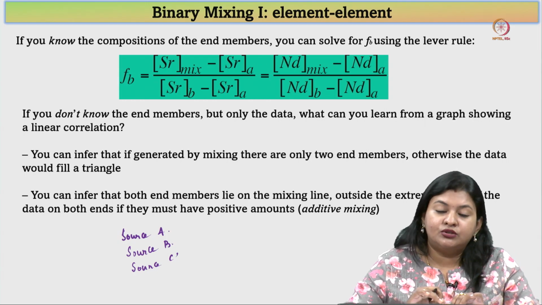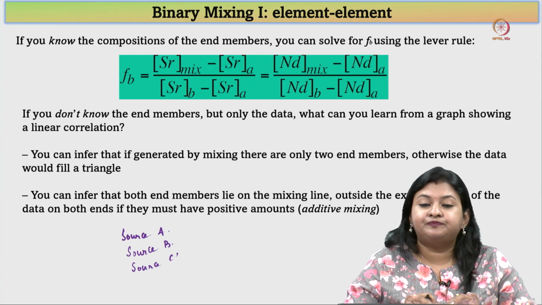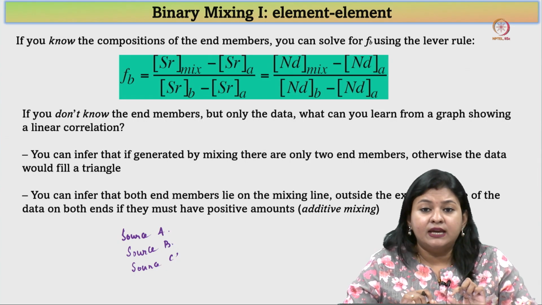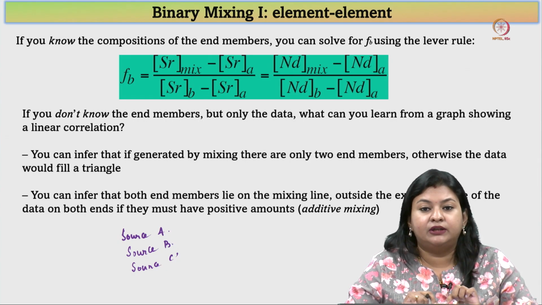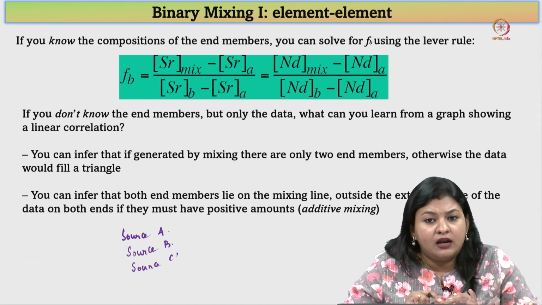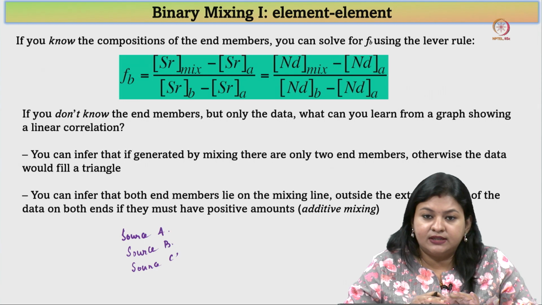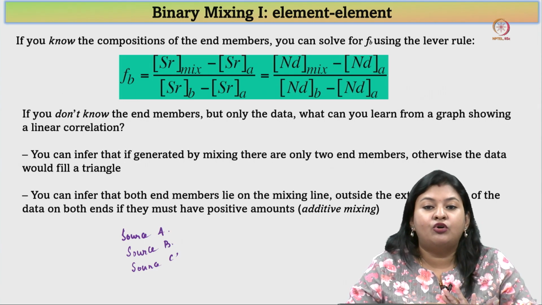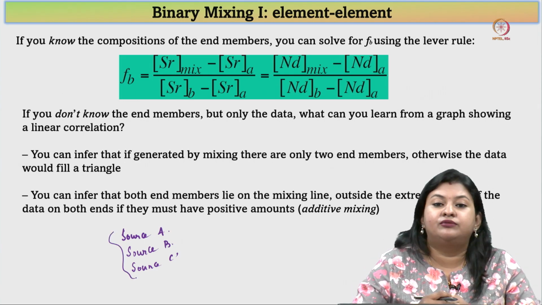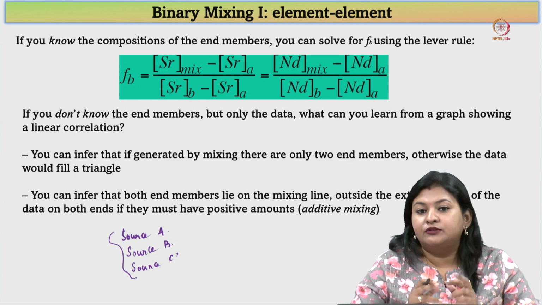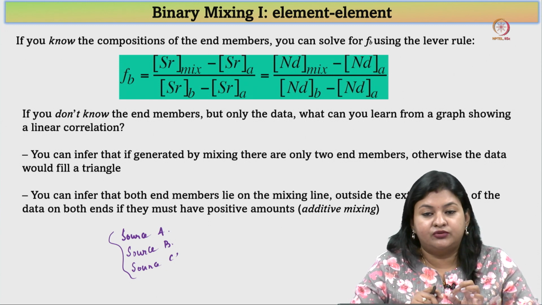So, for us to do the source attribution, the first thing that we need is a particular tracer that will allow us to do that kind of source attribution. If your tracers do not allow you to do that, you will not be able to differentiate between the different sources. So, the first point is to select your source tracers.